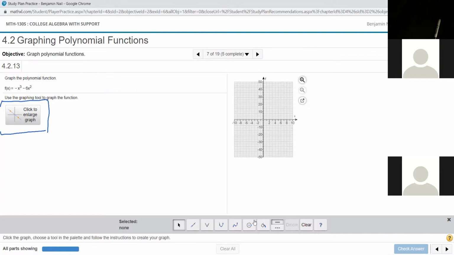Okay, and then you've got all your graphing buttons down here at the bottom. So we've got this arrow, we've got the straight line, we've got the absolute value, we've got the quadratic, we've got the cubic function. Okay, but this is still a very small graph. And then where you're putting your dots, it's kind of tough to tell exactly where you're at.